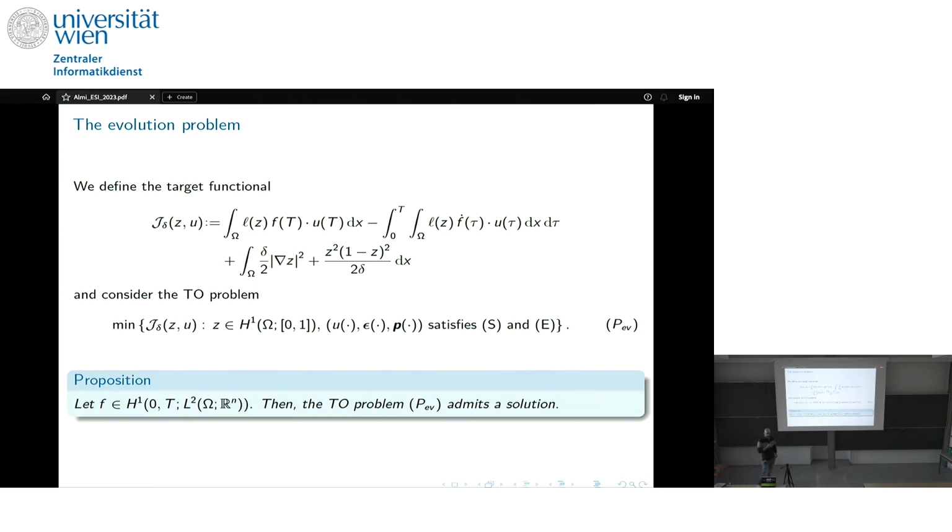Again, this is just an application of the direct method of calculus of variations. If I remember correctly, U is actually continuous with respect to Z, which is even better, because we can also find optimality conditions later on. And what we are interested in is exactly optimality conditions.